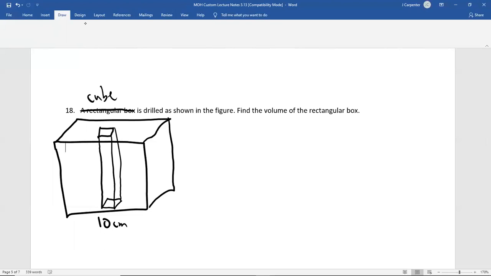If I had this cube in my hand, looking from the top down, I would be able to see through it. So that is a hole. The width of that hole is 2 centimeters, and the length of that hole is also 2 centimeters. So I'm cutting out a square hole, but I'm going all the way down this box.